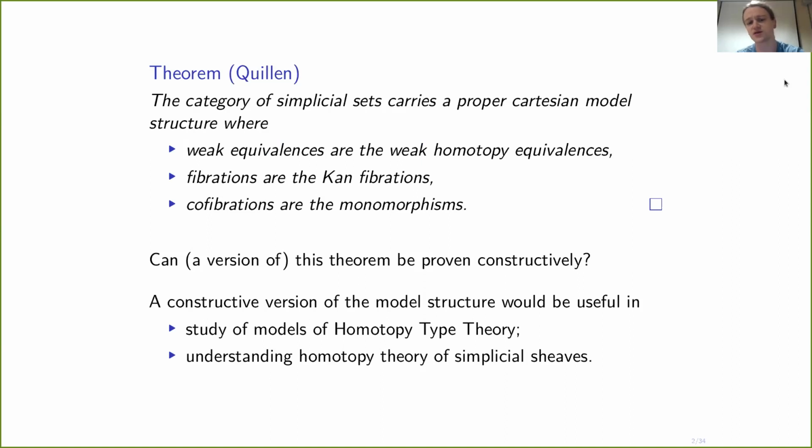But the other thing is the question of homotopy theory of simplicial sheaves, by which I mean, instead of the category of sets, take some other category, perhaps a Grothendieck topos, or maybe an elementary topos, or maybe even some other type of category, and try to internalize this argument into this category and say something about the homotopy theory of simplicial objects in that category.